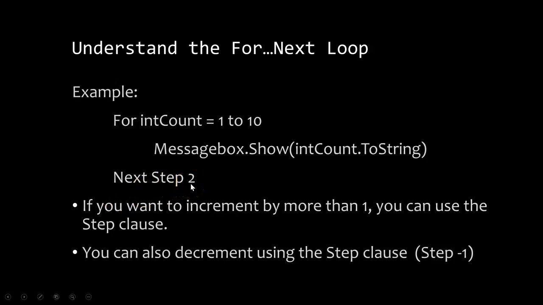Maybe you want to pull out all the even numbers. Maybe you create a little loop that does that, and this is how you do it. You basically put step 2 after the next clause. This means instead of incrementing by 1, increment by 2 every time it goes through. If I put step 3, instead of incrementing by 1, I would increment by 3 every time it goes through.